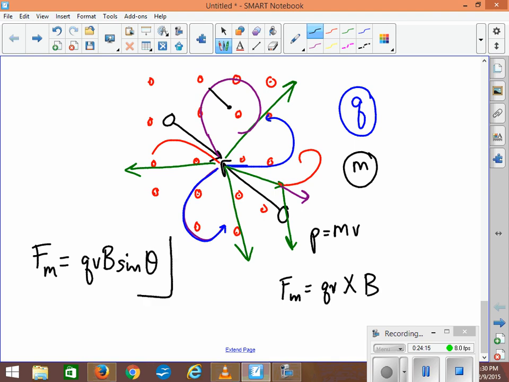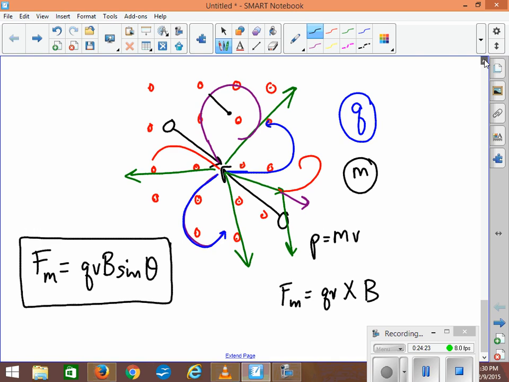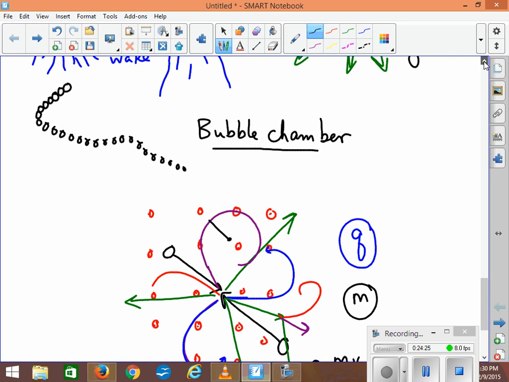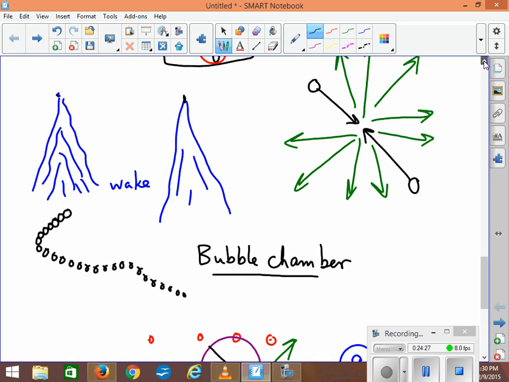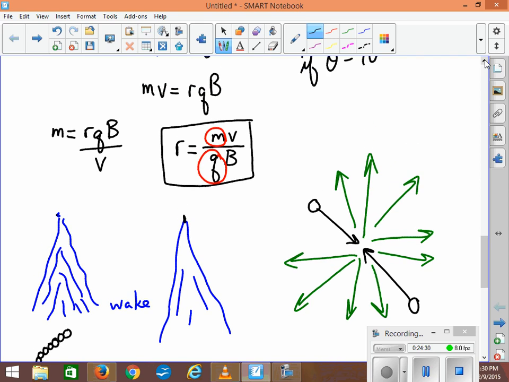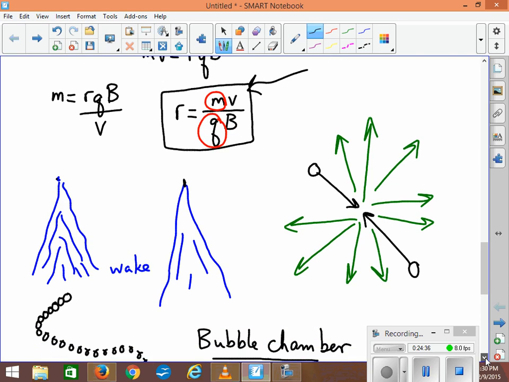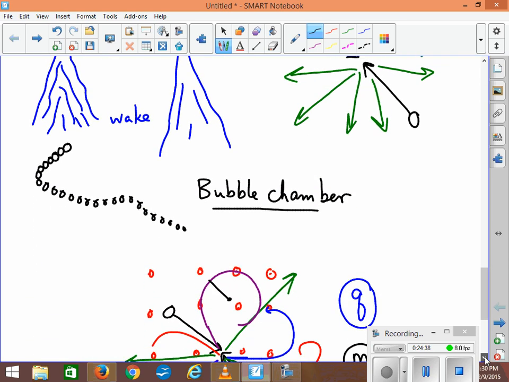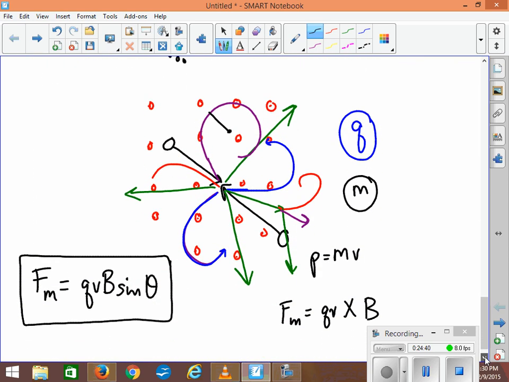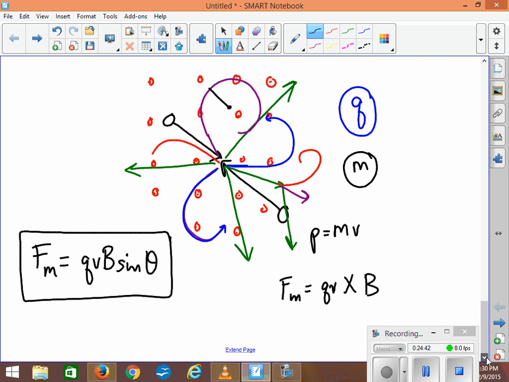But this is how we will do it, because we haven't got that much calculus under our belts yet: qvB sin theta. And then, of course, you could modify that into this little equation up here if you wanted to find out something about the particles. I believe this is the form the textbook uses, but you could write it in any form, right? It doesn't really matter which way you wrote it. So two kind of new equations for you to throw into your toolbox. And that's the end of that one.